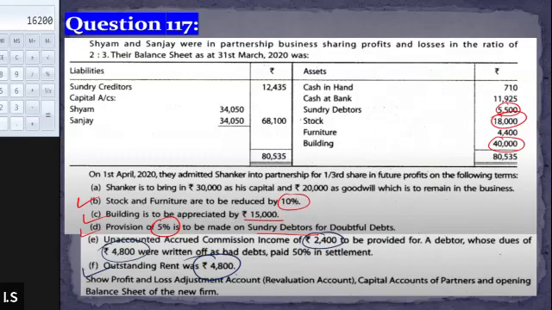Okay, so Aman, just tell me the value of the cash in hand. 53,110. How did you get 53,000? Tell me the numbers you have added.